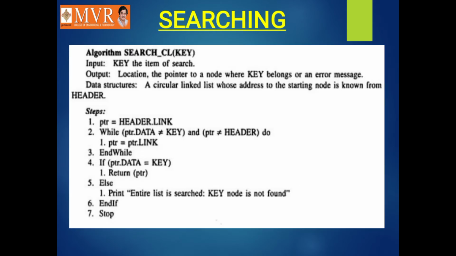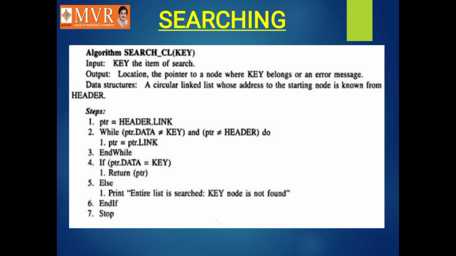Now coming to the search operation. This search operation is also easily implemented in a circular single linked list. The node to be searched, that is the key node, will be searched using the header link, or we start from the header, move to the next node, to the next node and next node and find the required node.